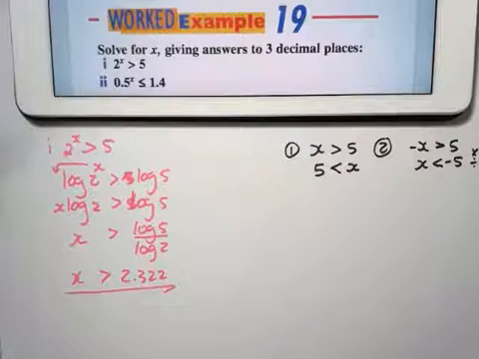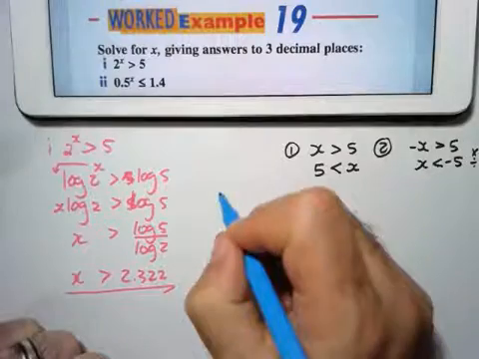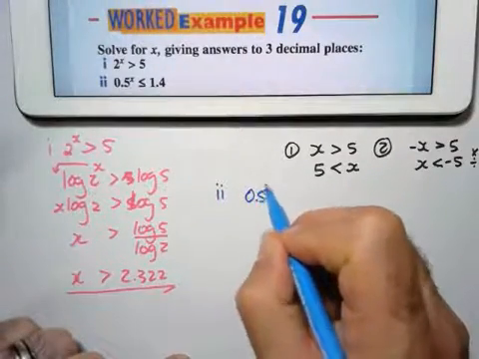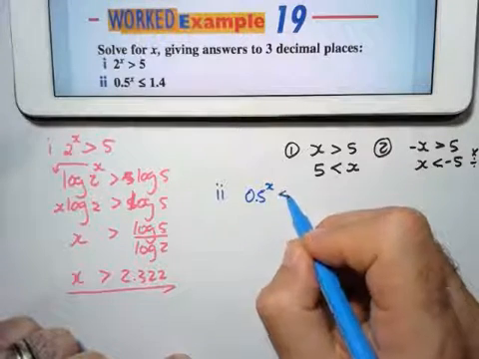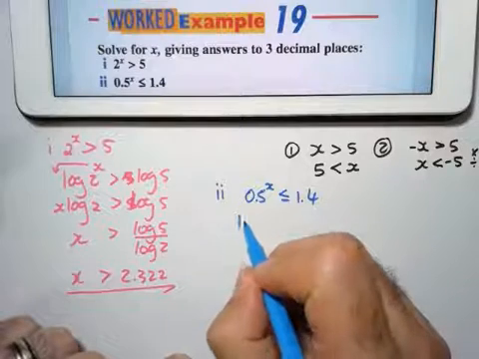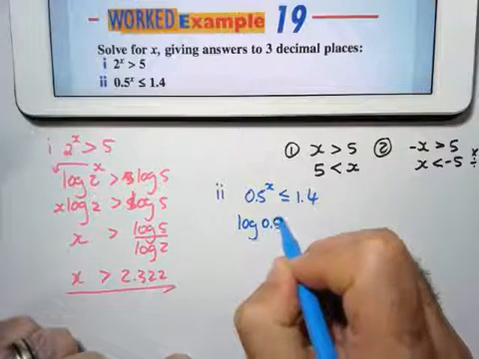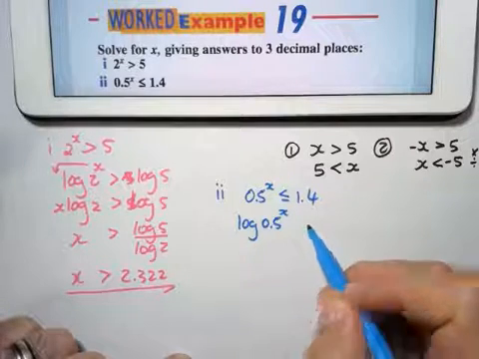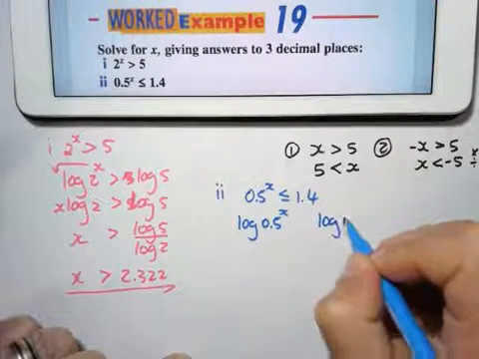Okay, let's look at the second one. The second one looks almost the same, but you wouldn't know that it's different until you actually do it. So I'm going to say 0.5 to the power x is less than or equal to 1.4. I'm going to take log of both sides, log 0.5 to the power x, and I'm going to leave my symbol, log 1.4.